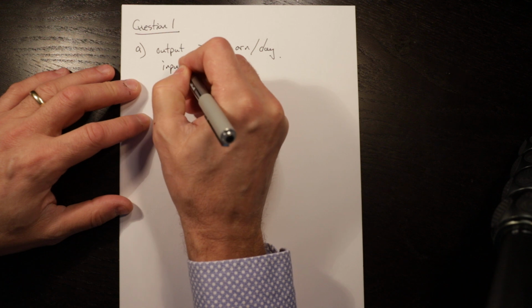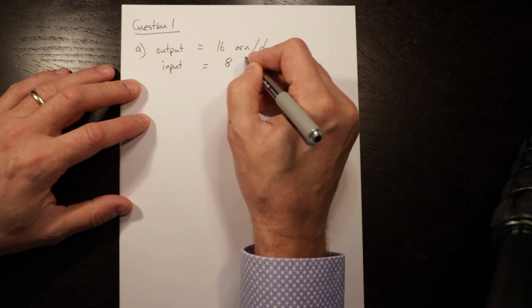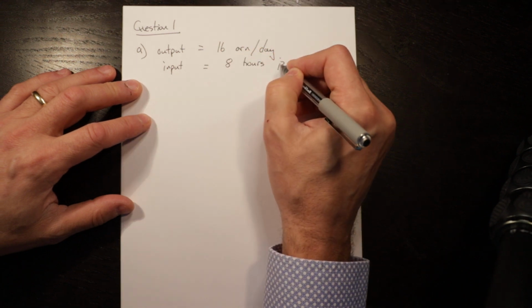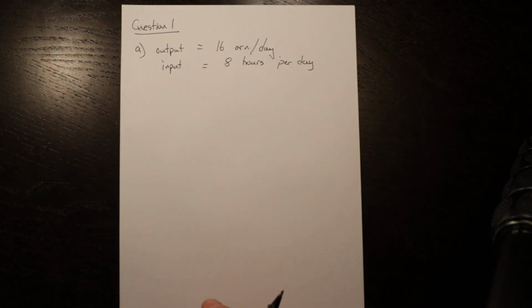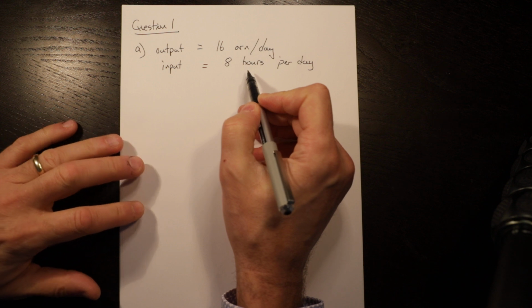Input is equal to 8 hours per day. This question just asked for her productivity, and it only gave you labor as an input. So in this circumstance, we are going to calculate labor productivity. If it had told us how much wood she used or other factors, we could have done other productivities. But in this case, we're just doing the labor productivity because that's the input we are given.